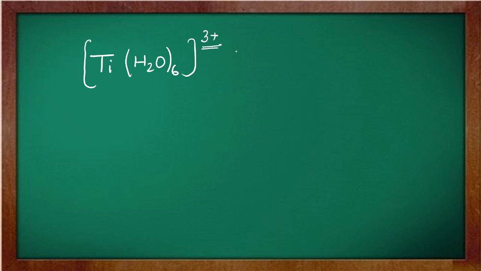For writing the name of a cation, first of all we have to write the ligands. The ligand is water, so it will be hexa-aqua. Then after that you have your metal. Your metal is titanium. Since it is positive, that will be only titanium.